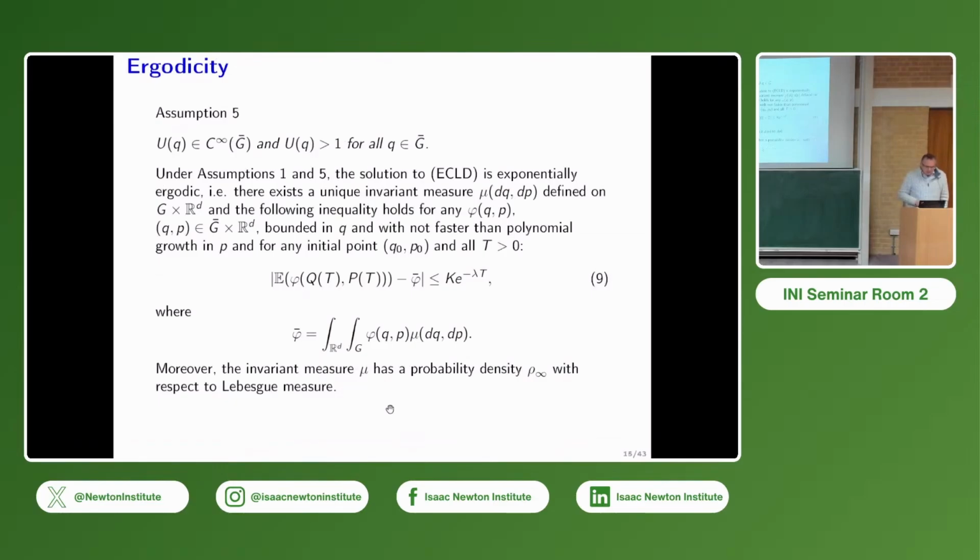In the case of ECLD, when we choose this B as force and friction, it can be shown that the solution is exponentially ergodic, and phi bar within the talk will be the corresponding ergodic limit, which we aim to simulate.